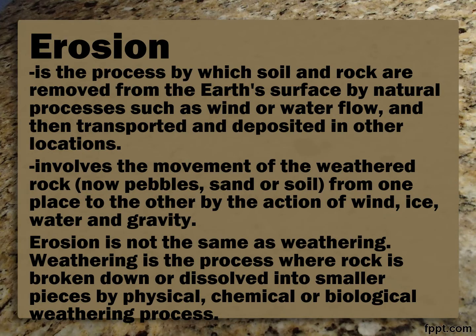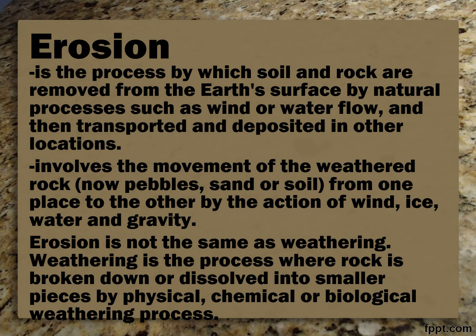Now let's talk about the second half of weathering and erosion, which is erosion. What is erosion? It is a process by which soil and rock are removed from the Earth's surface by natural processes such as wind or water flow, and then transported and deposited in another location.